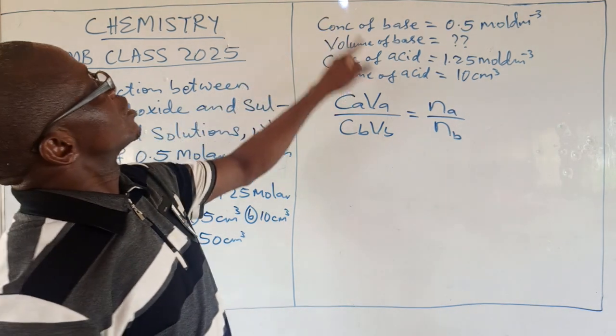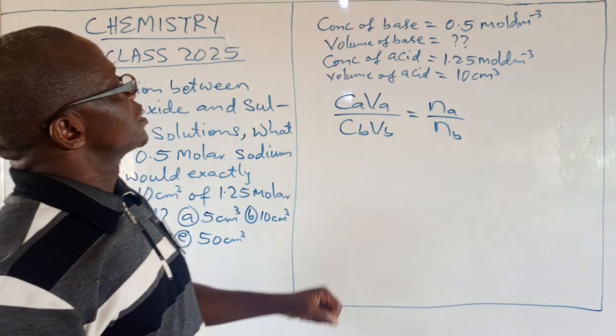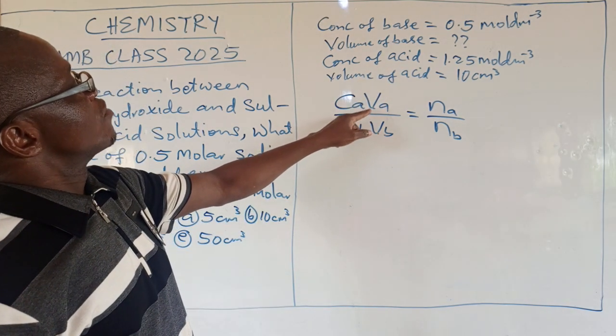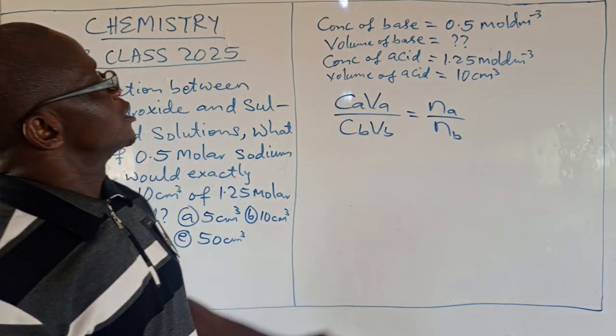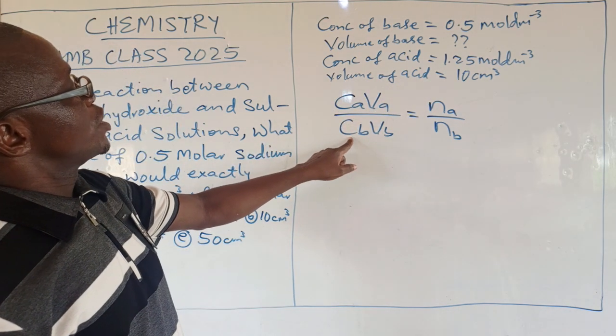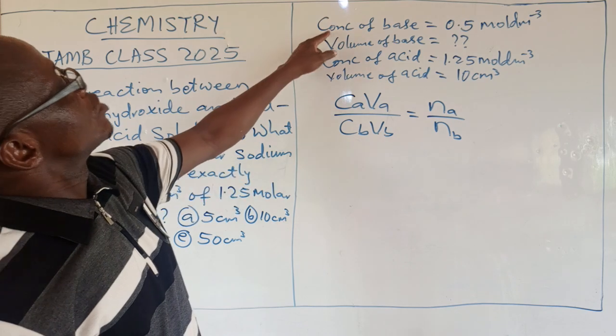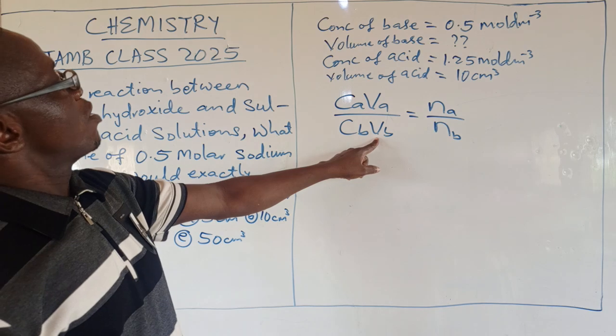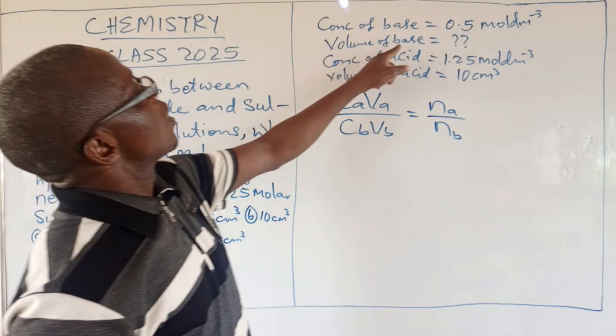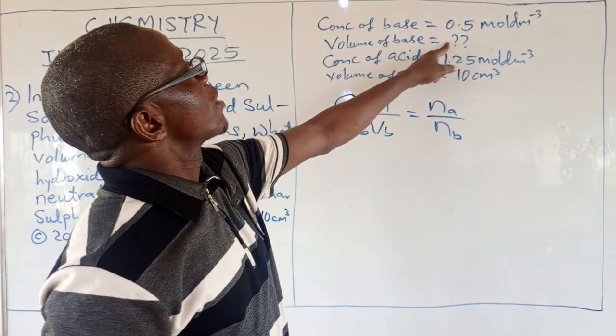VA is volume of acid. CB is concentration of base, which you have it there. Volume of base, which you have it here, they ask you to calculate.